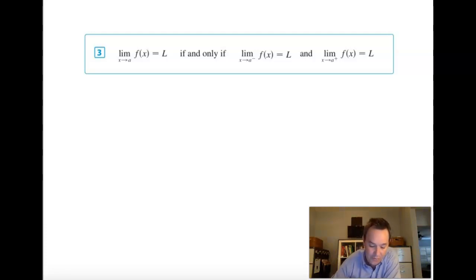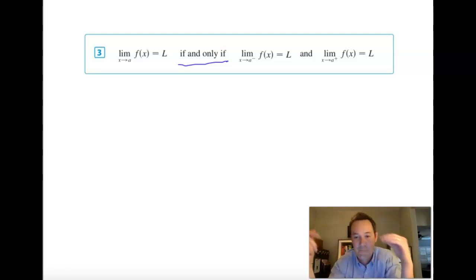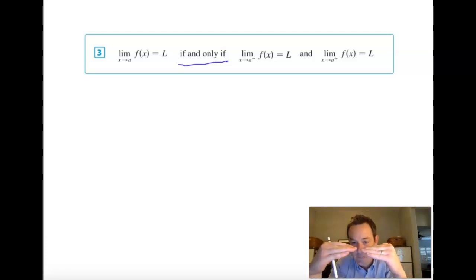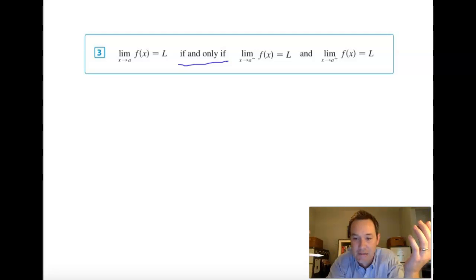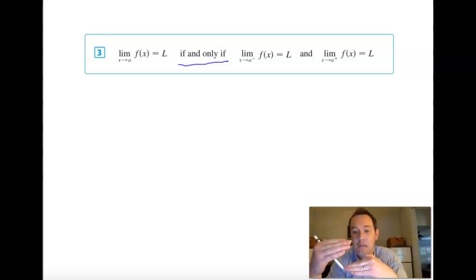The limit of f of x as x approaches a equals L if and only if the limit as x approaches a from the left equals L and the limit as x approaches a from the right equals L. So for the overall limit to exist, it has to be approaching the same value from both sides. If we're approaching different values from either side, we would say that the overall limit does not exist. The one-sided limits do exist, but the overall limit does not exist.